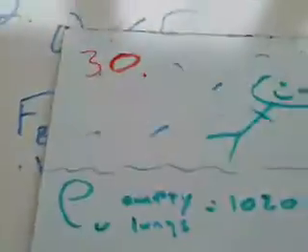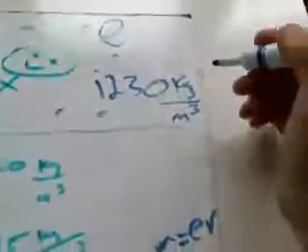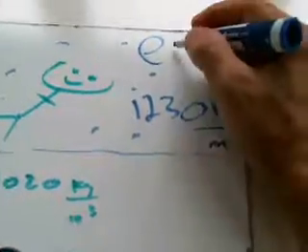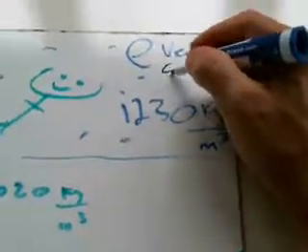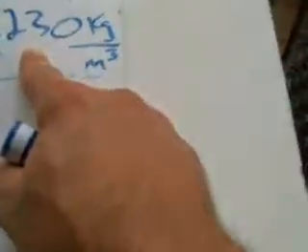And the next one I did, we said it was number 30. And this is the one that deals with you floating in the Dead Sea, which is very, very salty water. So the density given of this very salty water, 1,230 kilograms per cubic meter.